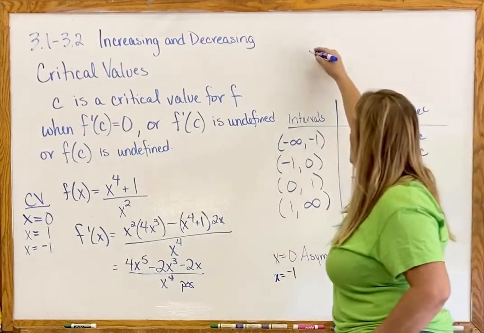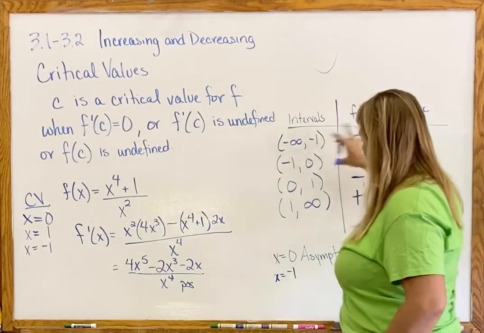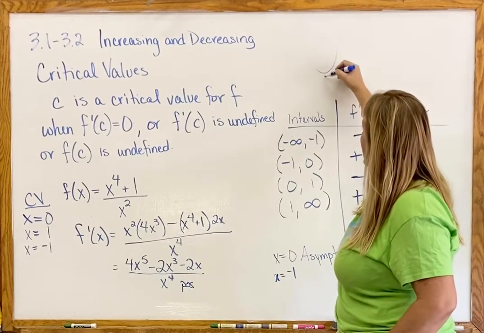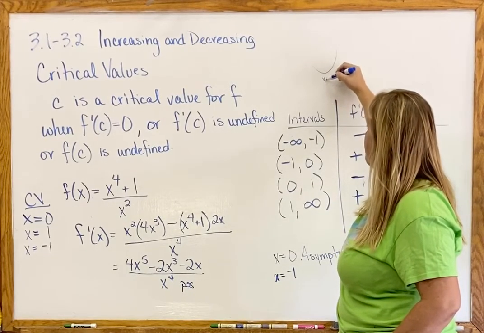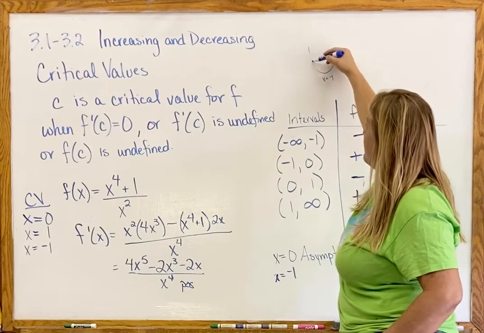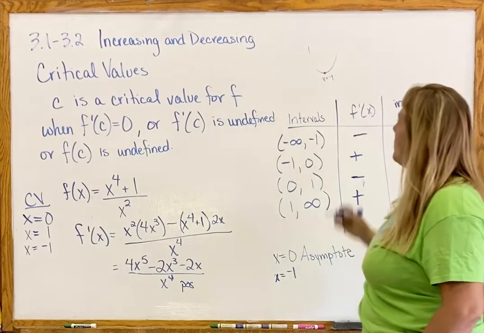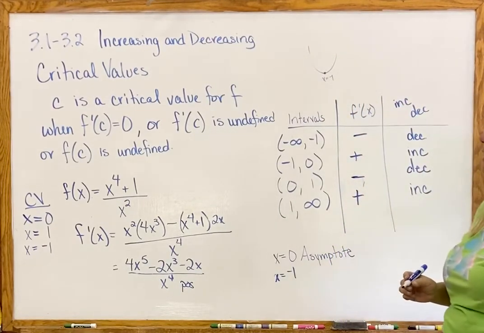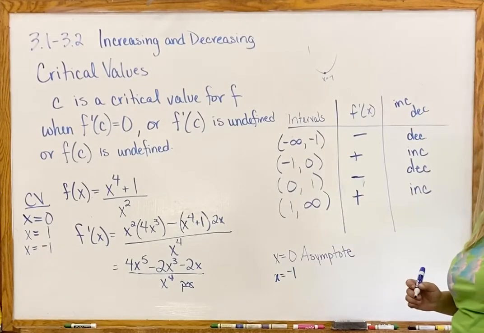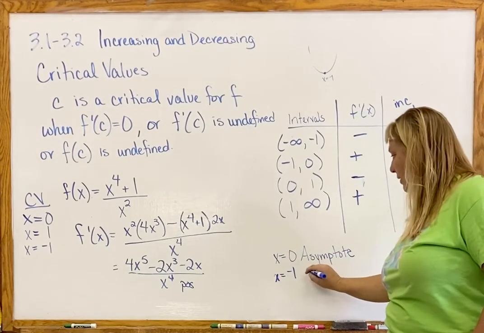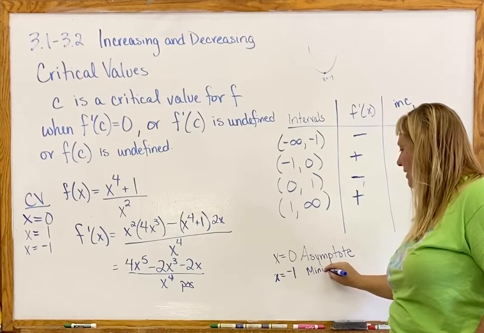So even though we don't know what the graph looks like in total, we know right here when x is -1, the graph goes from down to up. So that means at that particular point, that's a low value, isn't it? And we would call that a minimum value. So the graph has a minimum value.